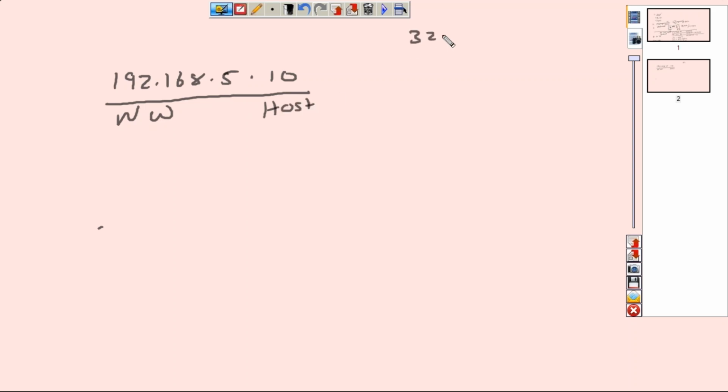Meaning, out of the 32 bits, some bits are reserved for the network identification, to which network this computer belongs, and the balance of those would define the individual host address. You understand that? Okay.